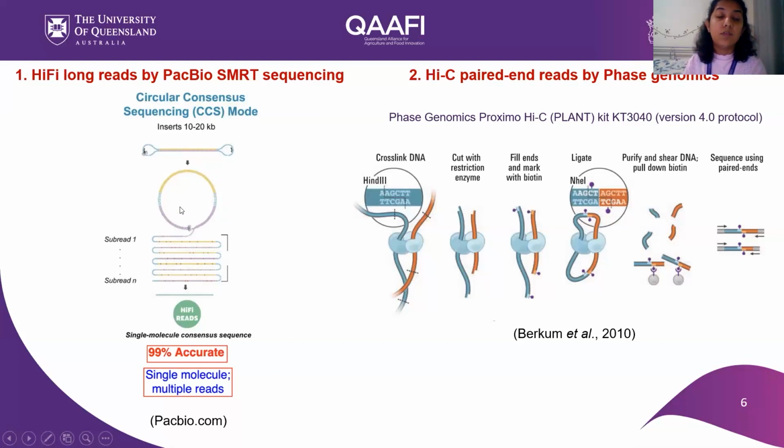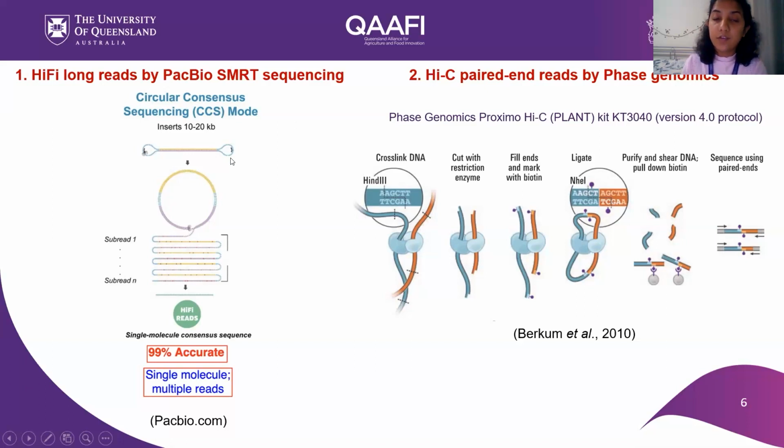Then the sequencing is performed using the PacBio Sequel II system. As the polymerase moves through this molecule again and again, it generates a number of subreads, which can finally be consolidated into a consensus HiFi read. The more passes we have, the higher the accuracy of the final consensus read. So that is about PacBio SMRT sequencing.